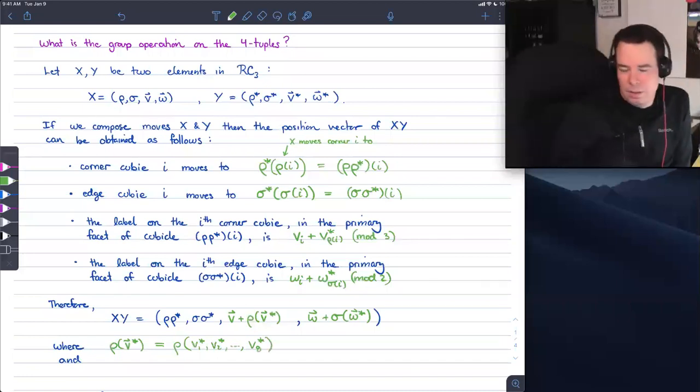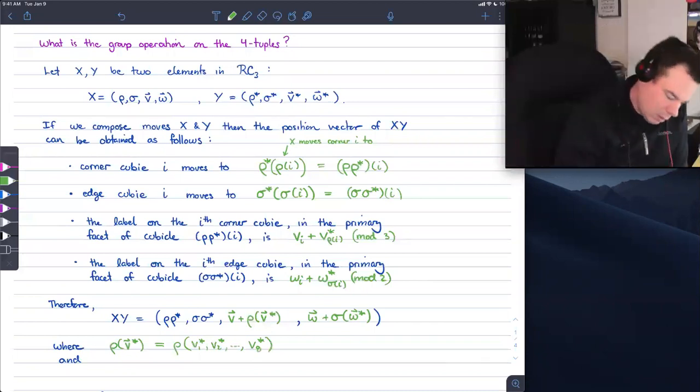So that's just the 0, 1, or 2 in each of those components for this move y. And rho acting on that is just going to permute these numbers. It's going to permute the entries of the vector. And the way it does it is it just acts on the subscripts.